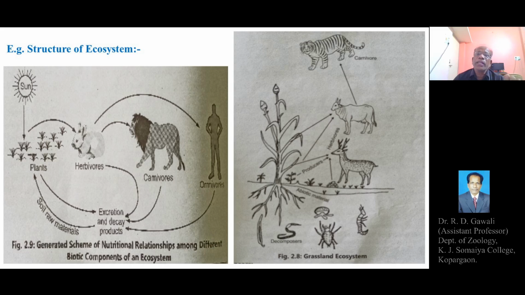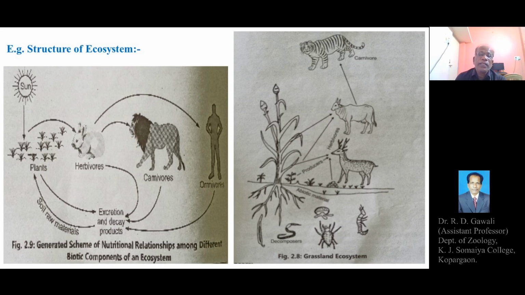Animals may serve as herbivores or primary consumers, secondary consumers, primary or secondary carnivores, or omnivores in the ecosystem. So this diagram shows the nutritional relationships among the biotic components of an ecosystem.